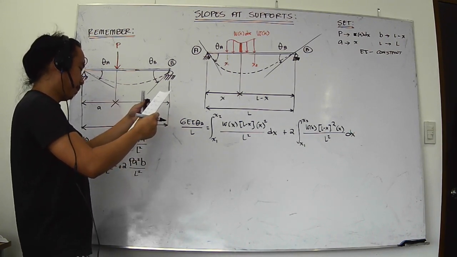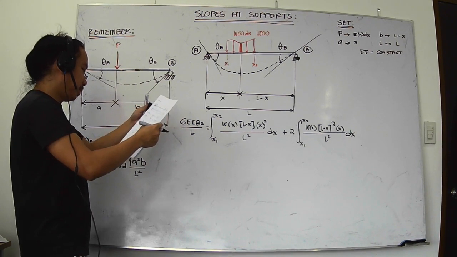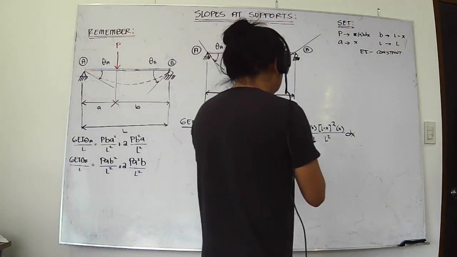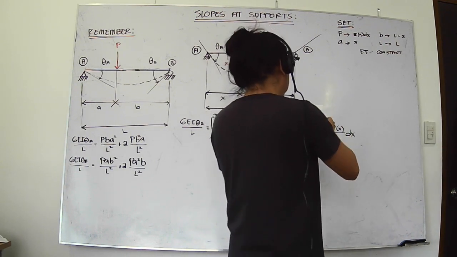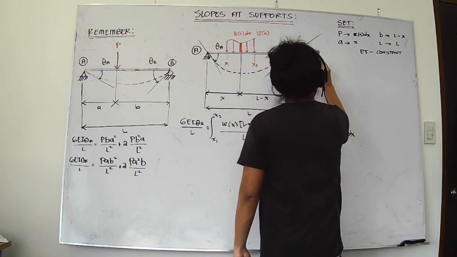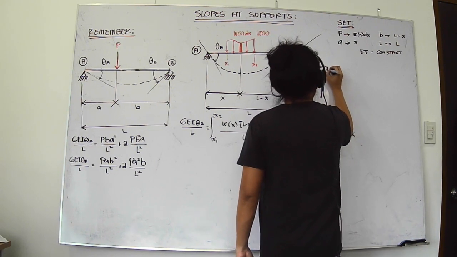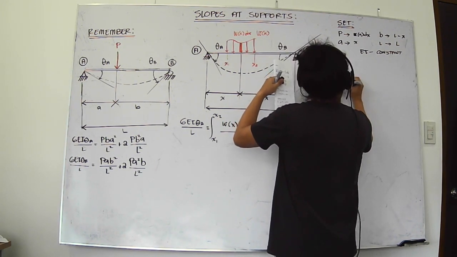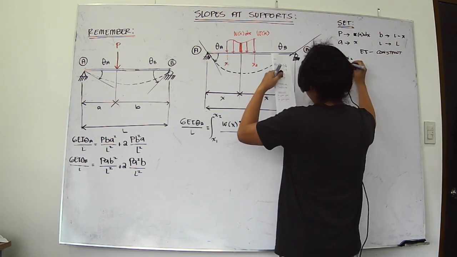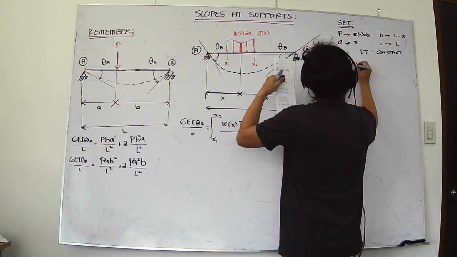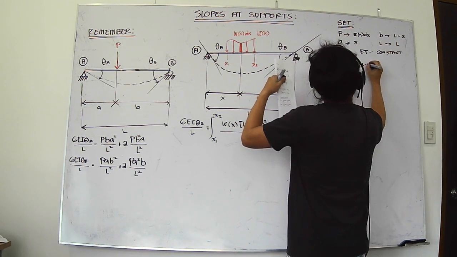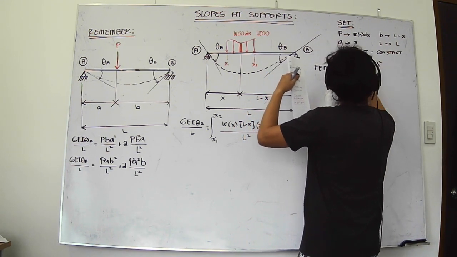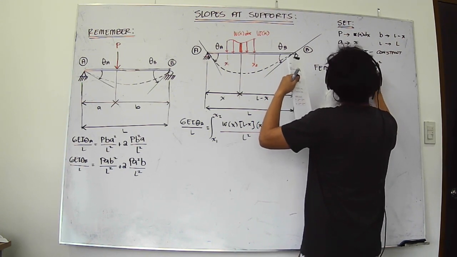We have to recall and keep in mind the FEM. Remember our fixed end moment at A: I think this is x1 to x2, and this is wx times L minus x squared divided by L squared dx.